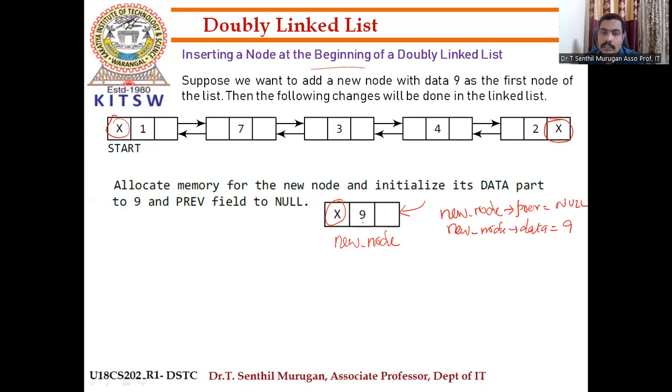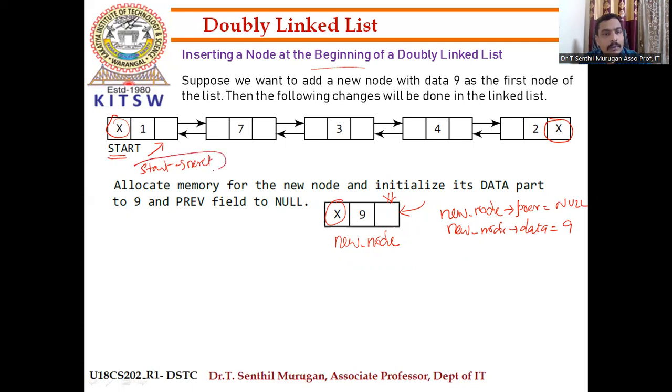After creating the node, this structure will be created. Initially we are assigning two values, and now we can assign this value. What is this value? The start pointer is pointing to the first node. Start of next portion is what it points to, and this portion is the start of previous portion.